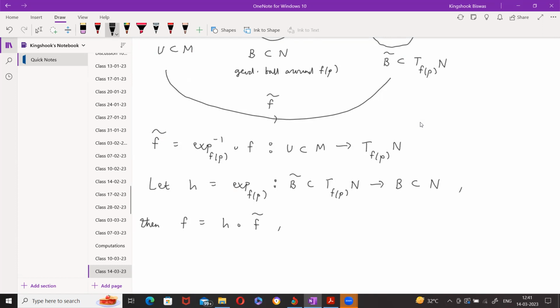And we know that H is totally geodesic at 0 in T_F(P) N.